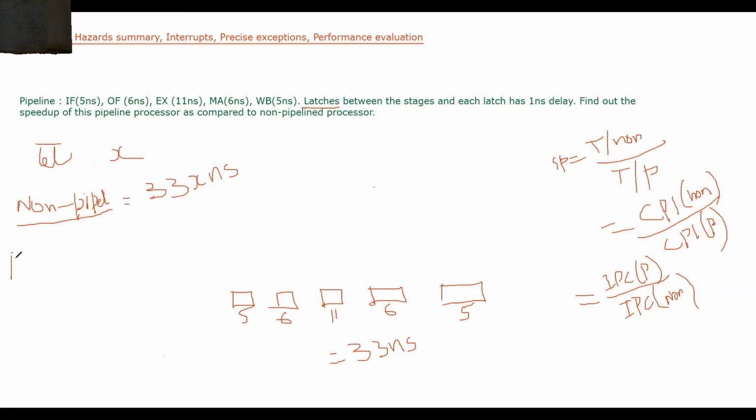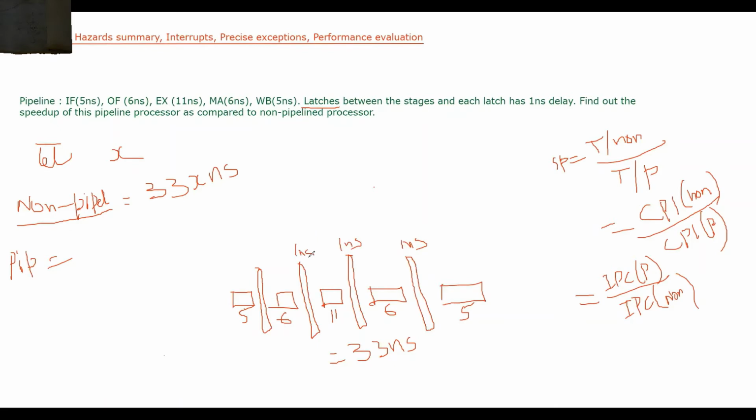Now let's take a pipelined processor. In a pipelined processor, we know every instruction is completed in one cycle. We have these pipeline latches in between in a pipelined processor, and this latch has how many nanoseconds delay? 1 nanosecond delay.